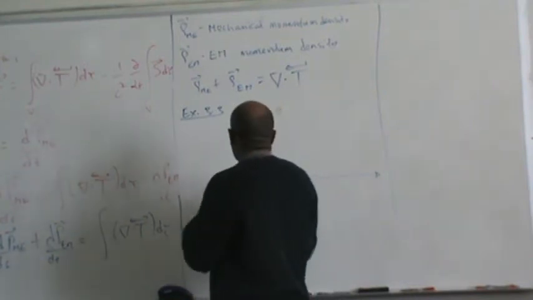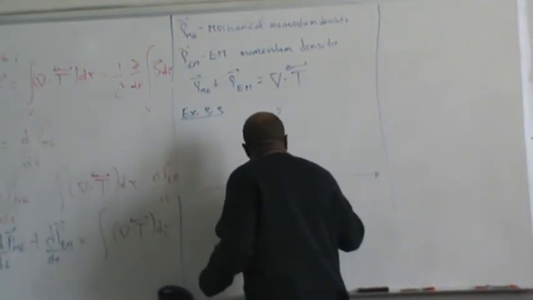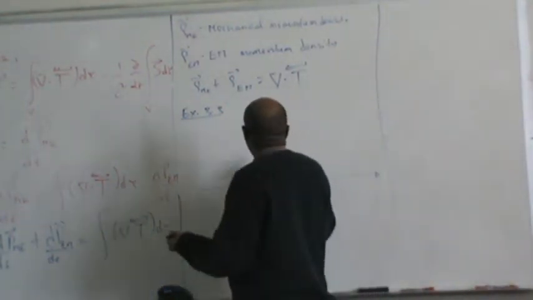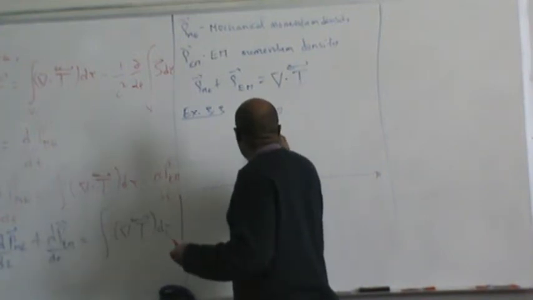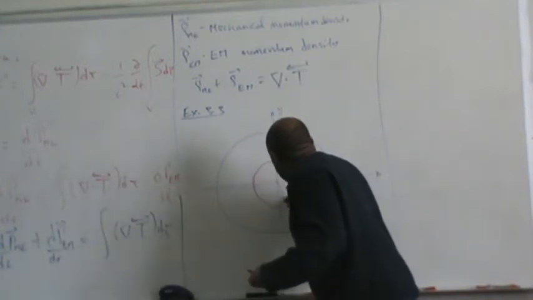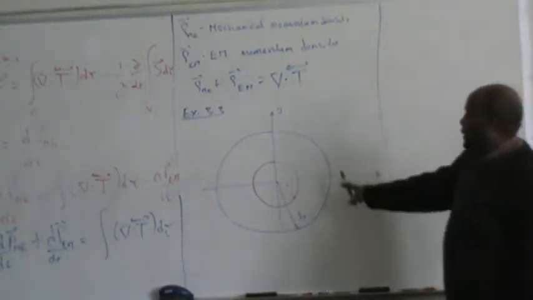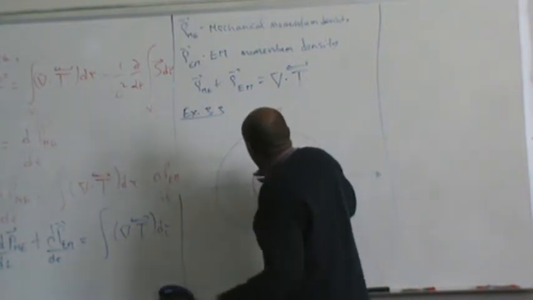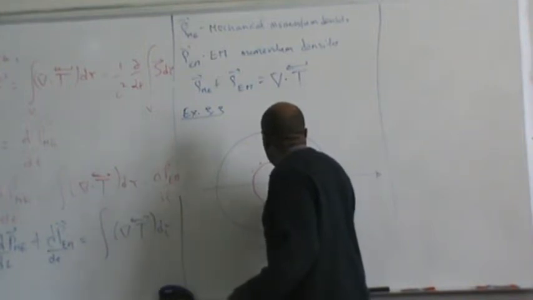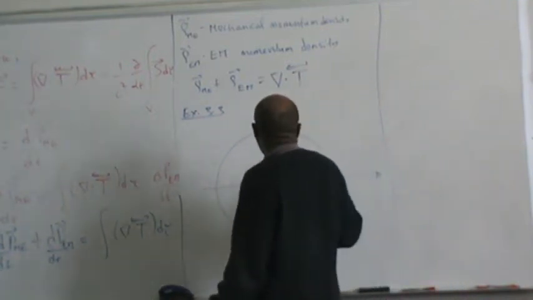One has inner radius A, and the other one has inner radius B. The inner one carries a positive charge, so let's say we have uniformly distributed positive charge here, and the charge per unit length is lambda.